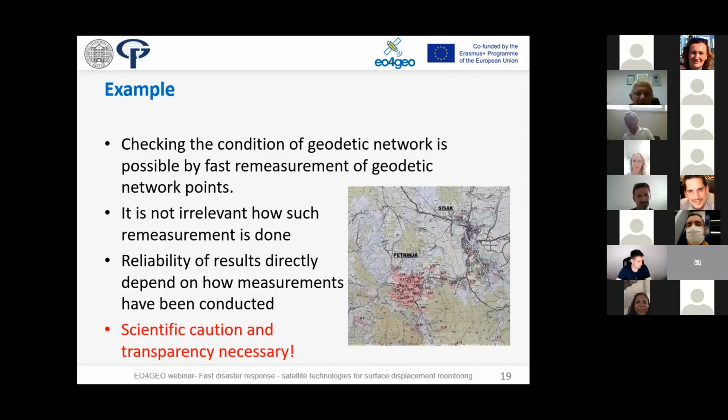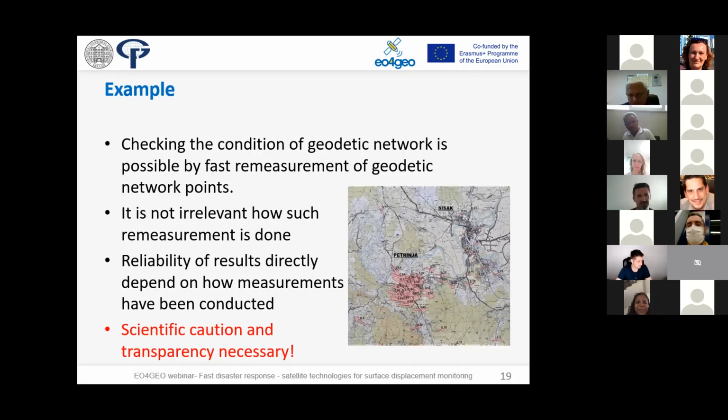Before this, just a few days after the earthquake, when it became clear that there was a surface displacement, the Sisak CORS station was taken out of the computation of VRS solutions, for the purpose of kinematic real-time measurements.